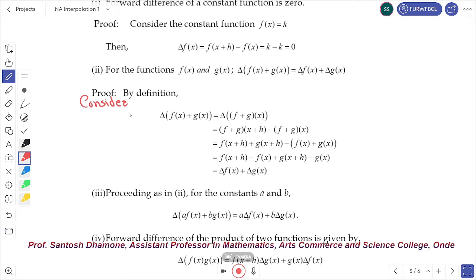LHS is equal to delta of f of x plus g of x, that is delta of the function f plus g taken at x.